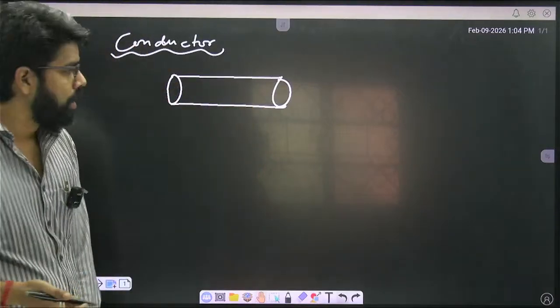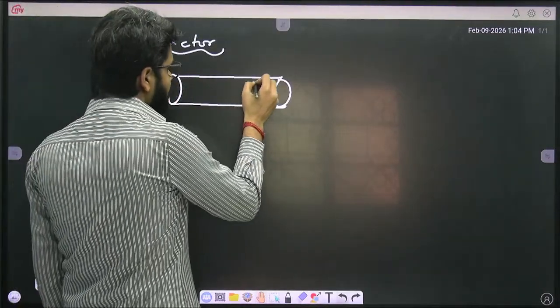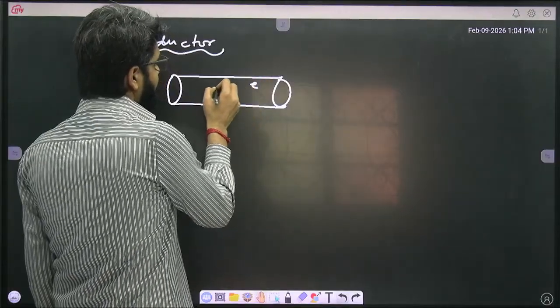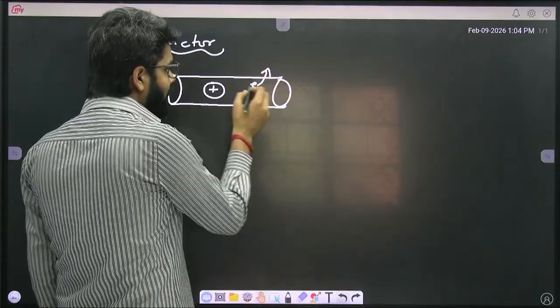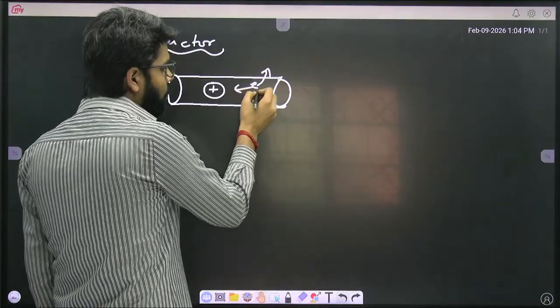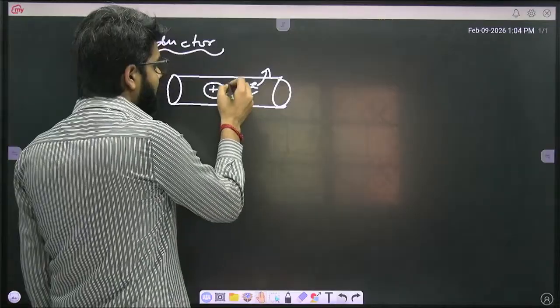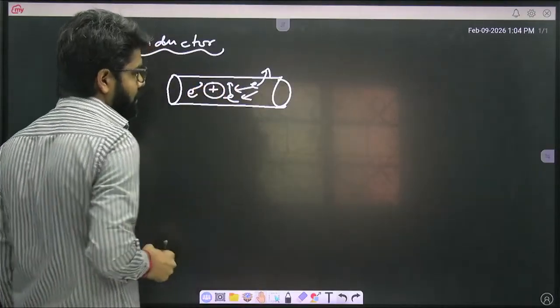This contains electrons and there are fixed positive charges. These electrons are free within the material and they roam about and collide with other electrons or maybe with the positive ions as well.